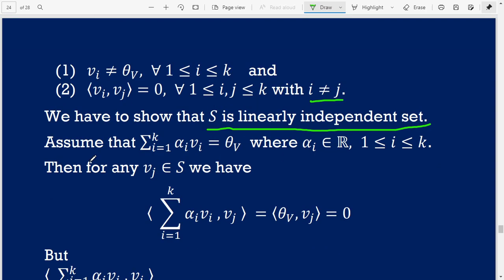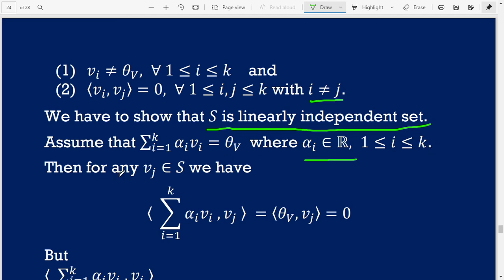So we assume that summation i = 1 to k of alpha_i Vi is equal to 0 vector, where alpha_i belongs to R and 1 ≤ i ≤ k.